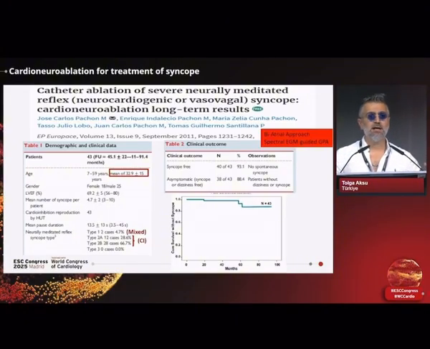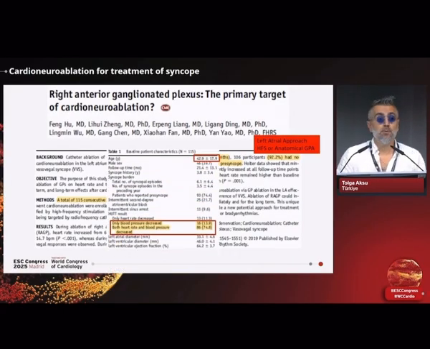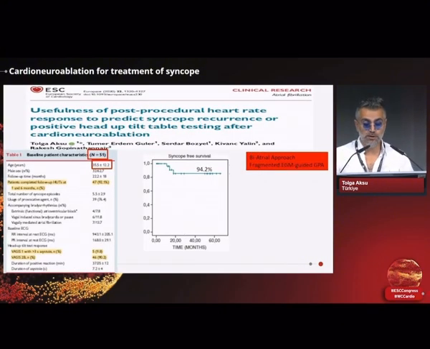All of these are observational studies, by the way. But in that study, the success rate was 90% without syncope recurrence during a 3-year follow-up period. This is another study from a Chinese group. They performed left atrial ablation and followed their patients for 18 months. They also showed a positive effect of cardioneuroablation in a mixed type patient population, not just the pure cardioinhibitory type.